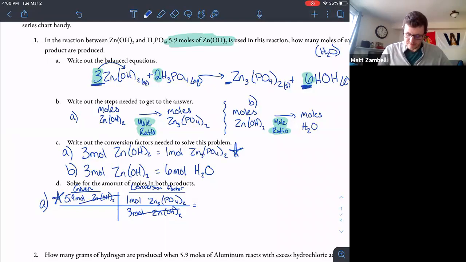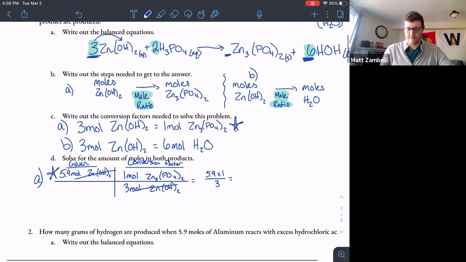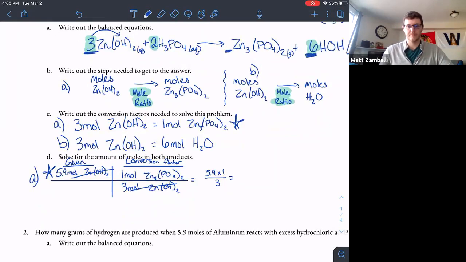And now all we have to do is multiply everything on the top and divide it by everything on the bottom. So we have 5.9 times 1 divided by 3. And what do we get? All right, we got 1.9667 moles of zinc phosphate.